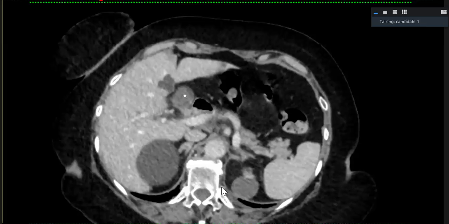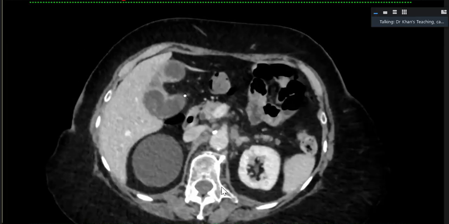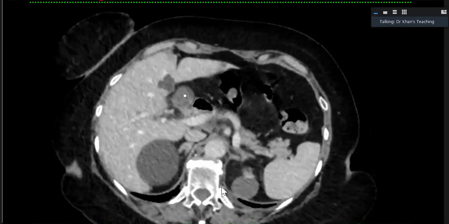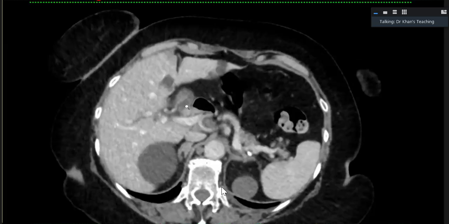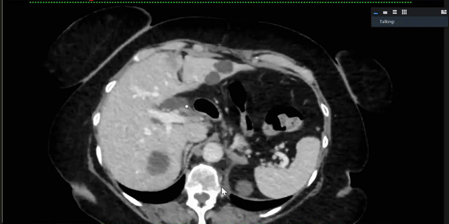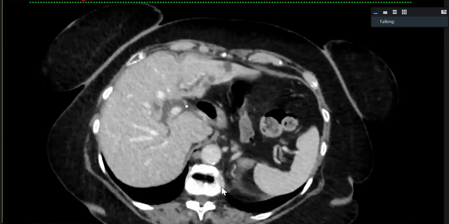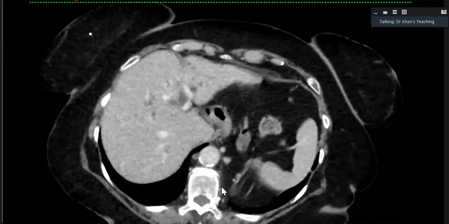This is what I think. Where is the CBD now? It should be just this one. Trace it distally till the ampulla for me. It seems thin here at the ampulla. Okay, madam, thank you.